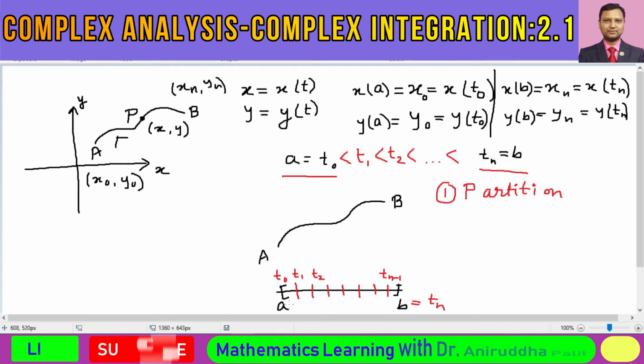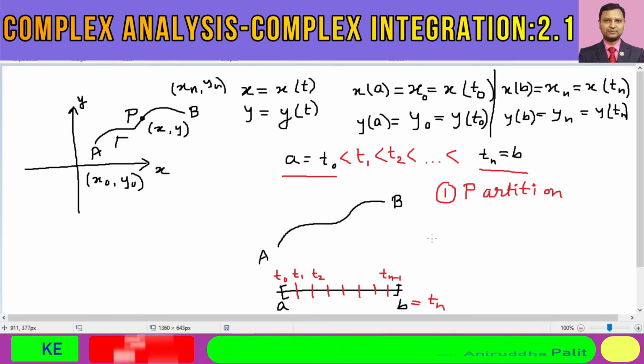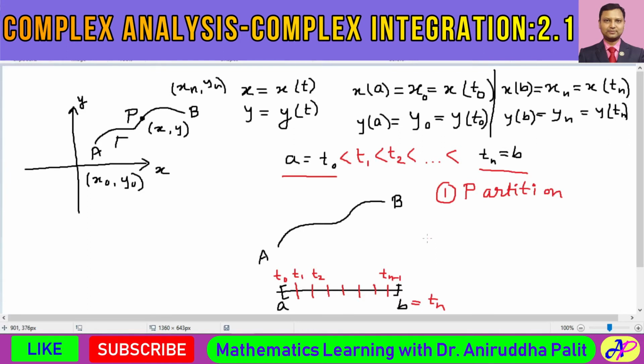So over here we are dividing the interval AB into a finite number of subintervals, and this collection of subintervals is called the partition of the interval AB.